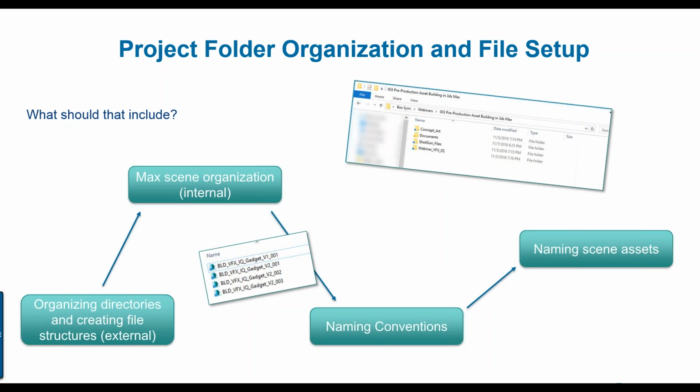You can see I have a little snippet right here. This is for Build Your VFX IQ. It's related to the gadget we're working on. It's version 1 and it's iteration 1. And you can see underneath that, I have version 2, and then iteration 1, 2, 3, and so on. That's really important to remember because it'll help you be able to find things more easily.